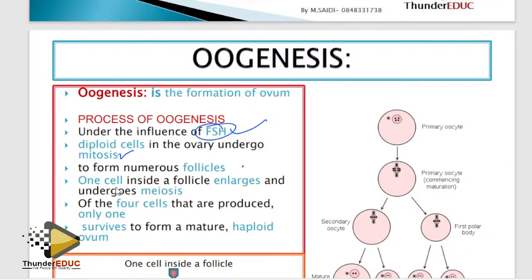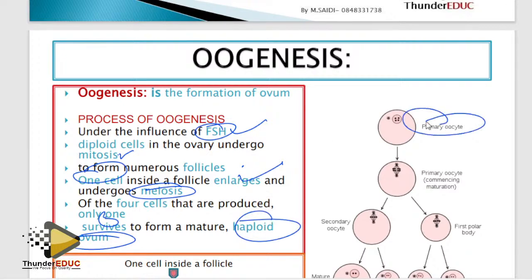Only one cell inside the follicle enlarges, which undergoes meiosis. Then 4 cells are produced, only one survives. We call the one which survives a haploid ovum. Done.